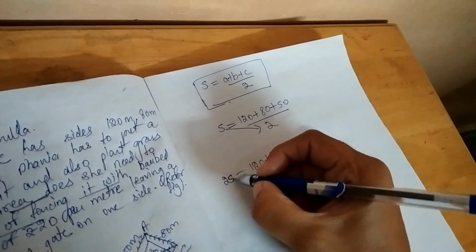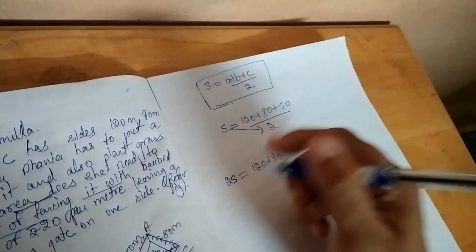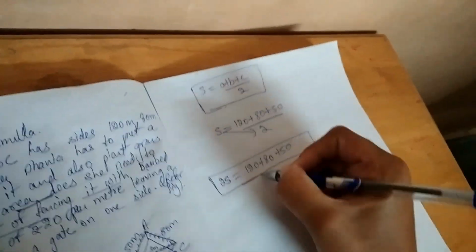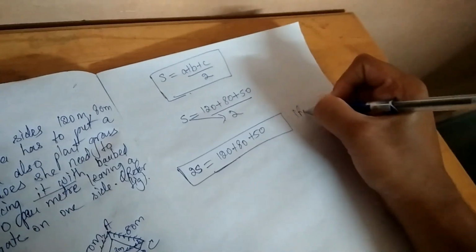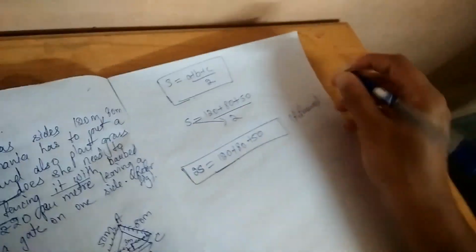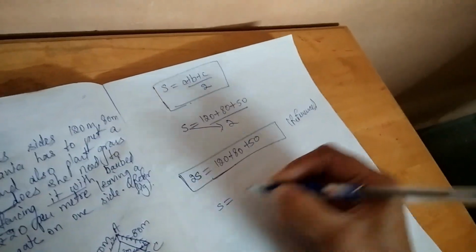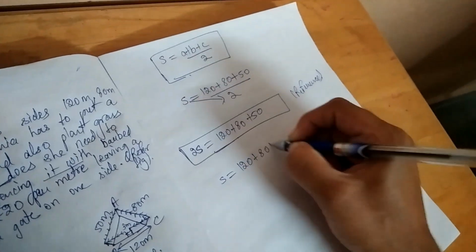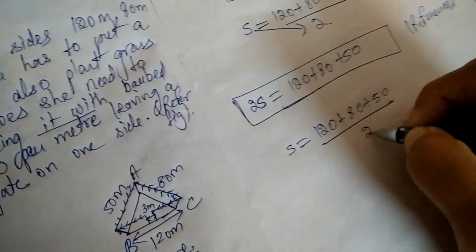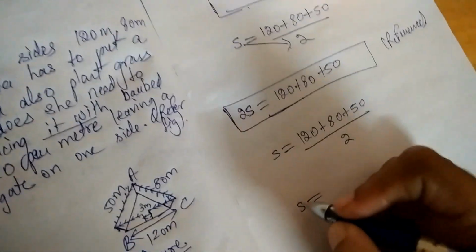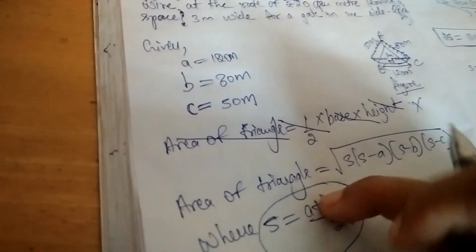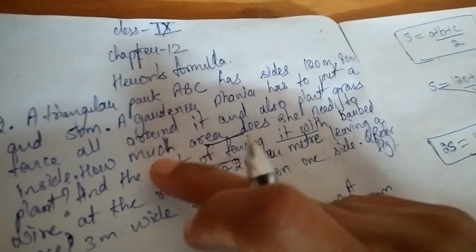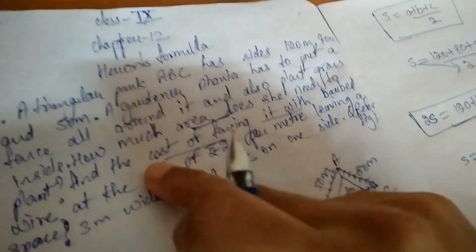This is what is written in the NCERT book, so just for reference I wrote it. If you don't do it this way, it's fine. You still can write s is equal to 120 plus 80 plus 50 by 2. Just calculate it and you will get the value of s. From the value of s, you can calculate the area of triangle, which is the area of the plant.